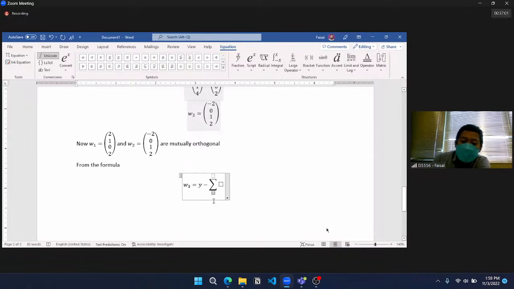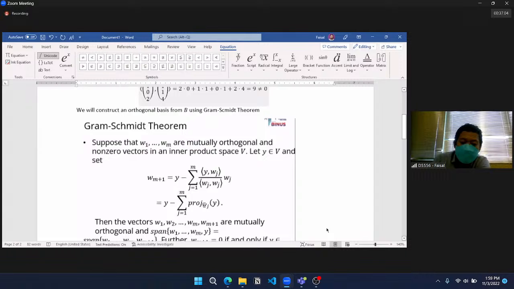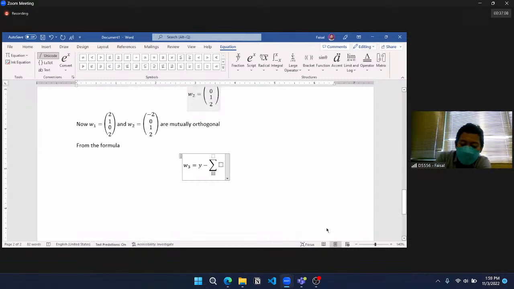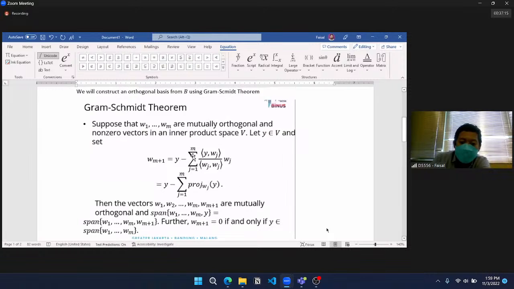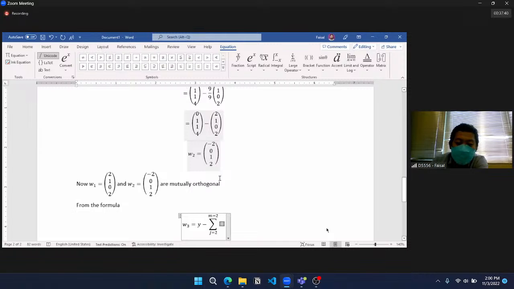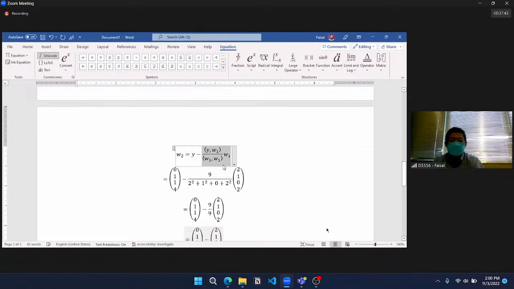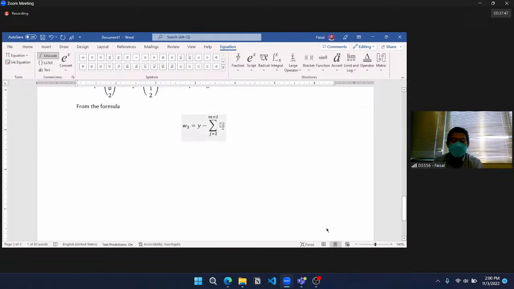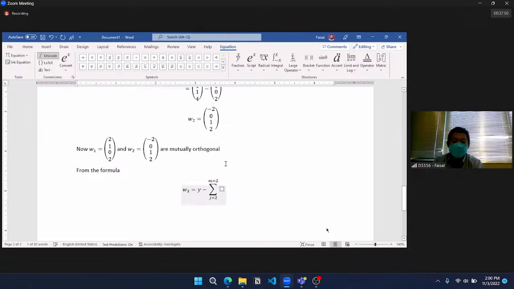Okay, the sum. The sum from J equal to 1 until J equal to M. But now we have M is 2, because this is W3, W(M plus 1), and M plus 1 is 3, then M is equal to 2.